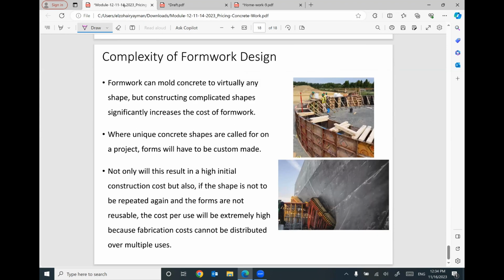Also, sometimes we have complexity of formwork design. You are designing or constructing a curved wall. In this case, we will have too much waste of formwork as a material. To build up this curve, it's not easy like straight.